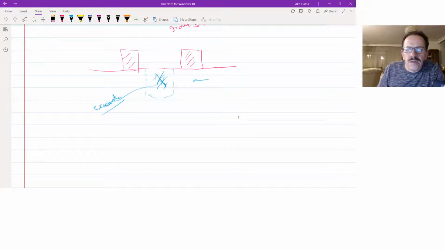There will be pressure from the soil. The pressure here maybe will be more than the pressure here. So this will help this part to be pushed in this way and collapse.